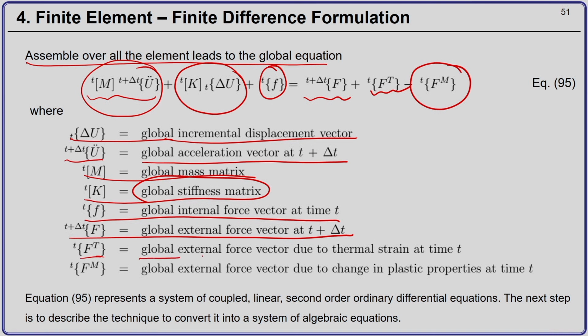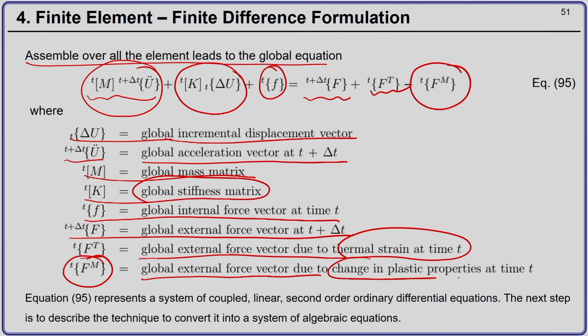This is nothing but the global external force vector due to thermal strain at time t, and as I told you already, F m is the global external force vector due to the change in plastic properties at time t, because of the temperature change our plastic properties are also changing, and also they are changing because of the severe plastic deformation.